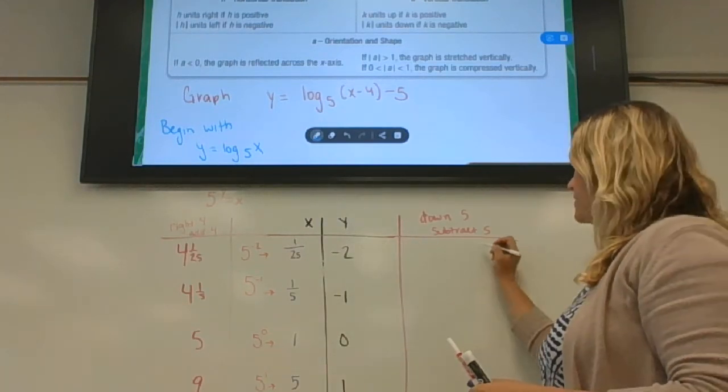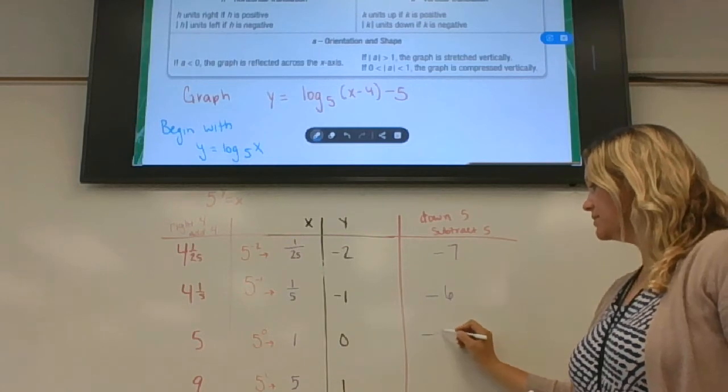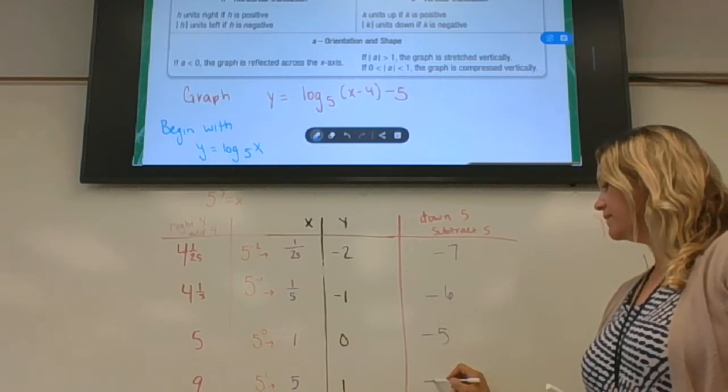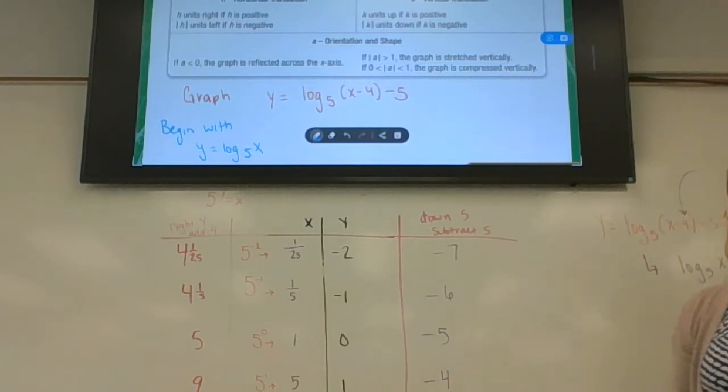So yeah, -2 minus 5, -7, -6, -5, -4, and -3. It's the outside columns that will graph the transformations.